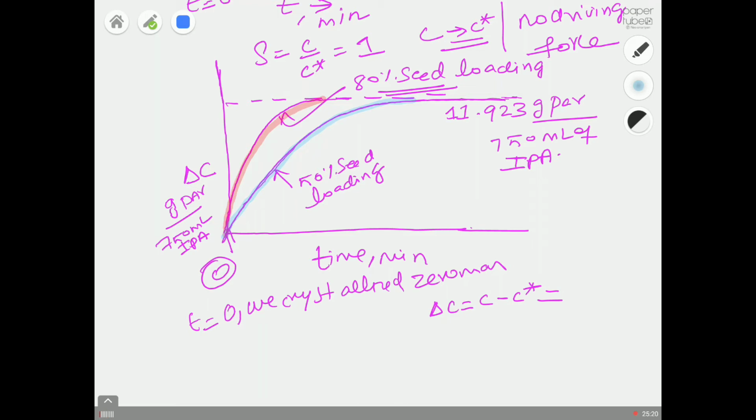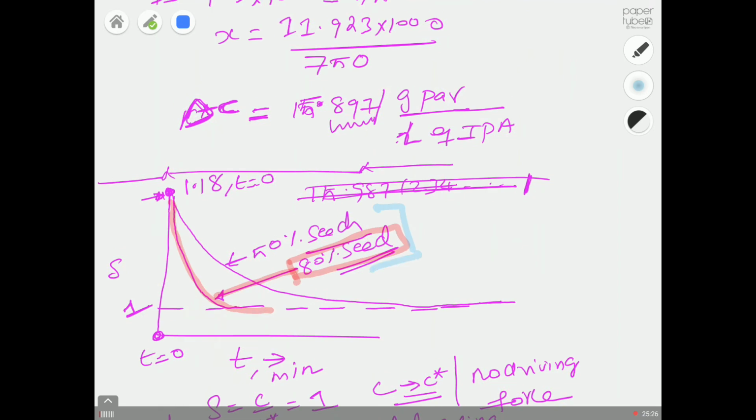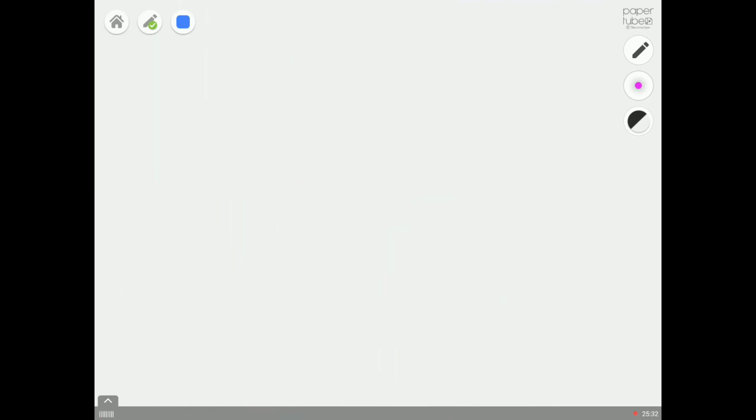And then let's come back to this original statement, 50% seed loading and 80% seed loading. What do I mean by that? 50% seed loading. So we know how much mass we can crystallize in our experiment, which is C minus C star.